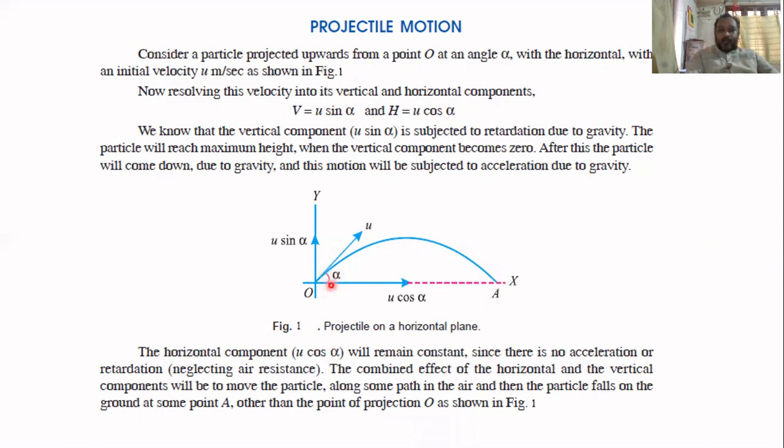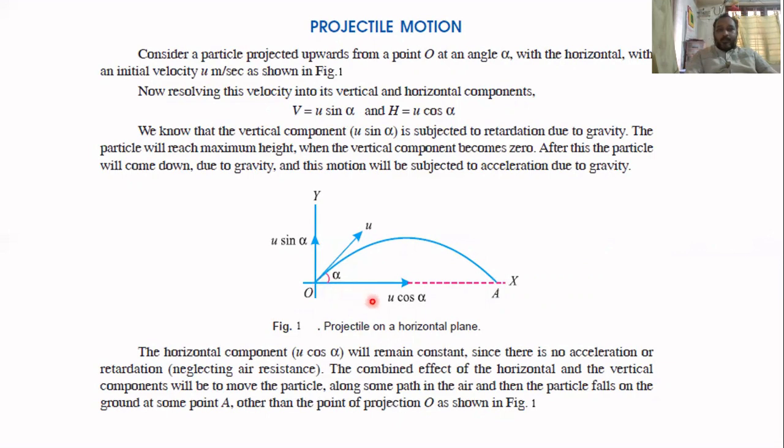Let alpha be the angle to the horizontal, and let u be the initial velocity of the particle, and A is the point where the projectile hits the ground.